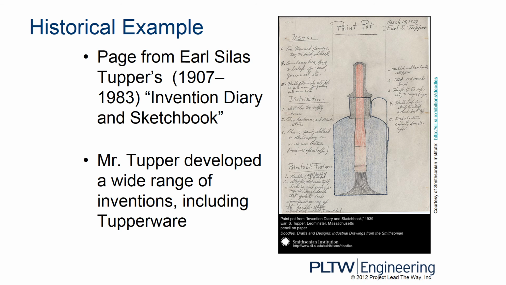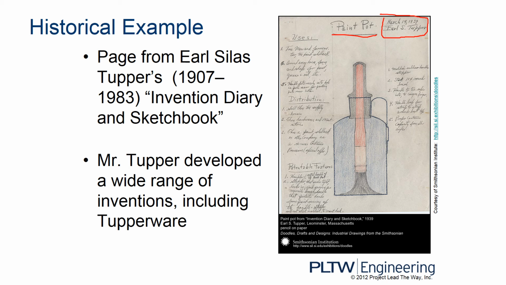All right, so let's look at some examples here. This is Earl Silas Tupper. This is from his invention diary and sketchbook. Mr. Tupper, you may have heard, invented Tupperware along with a number of other items. So he has a paint pot. He has titled his page, dated and signed it.